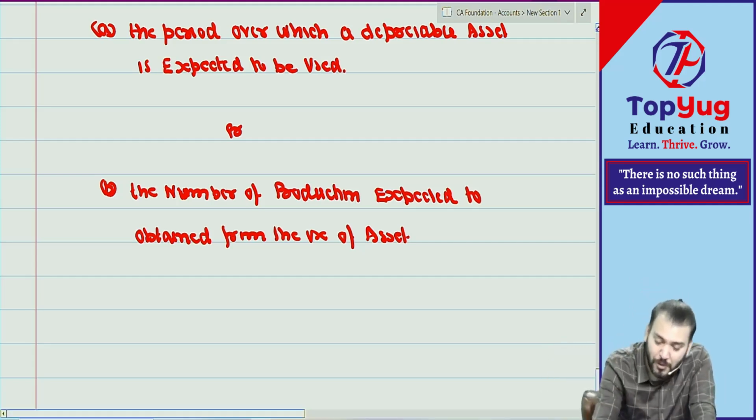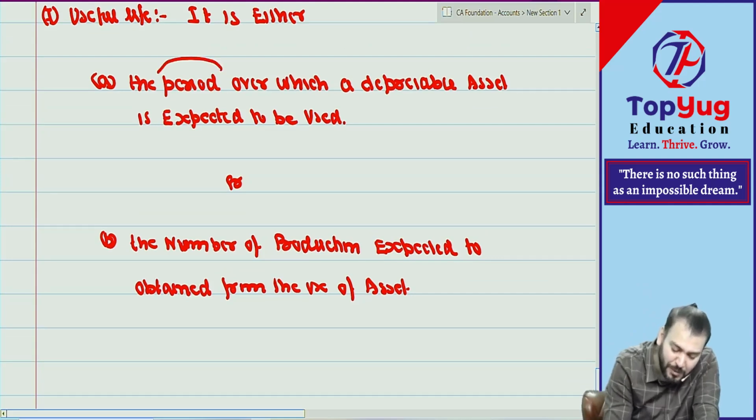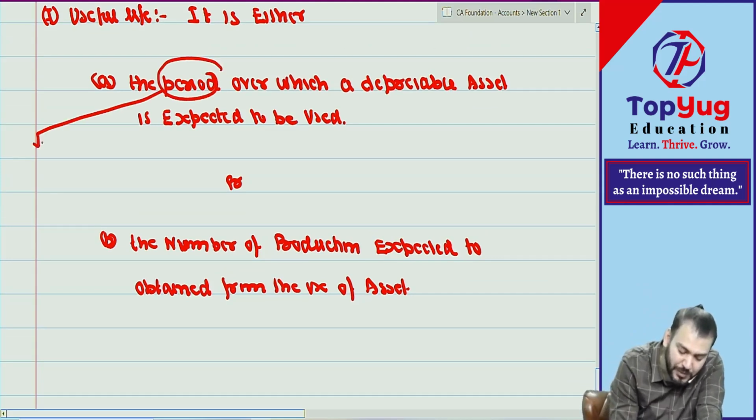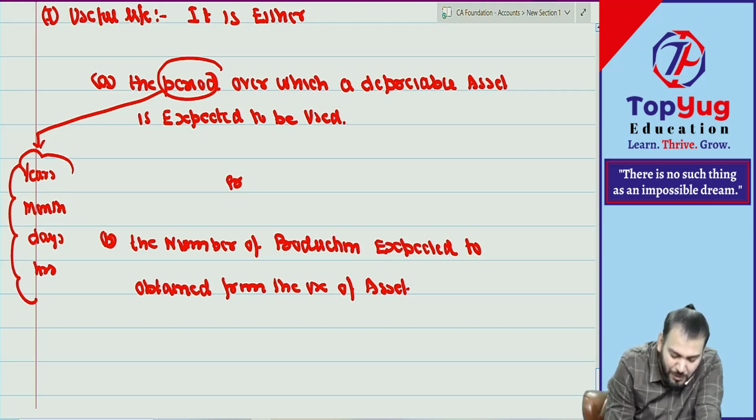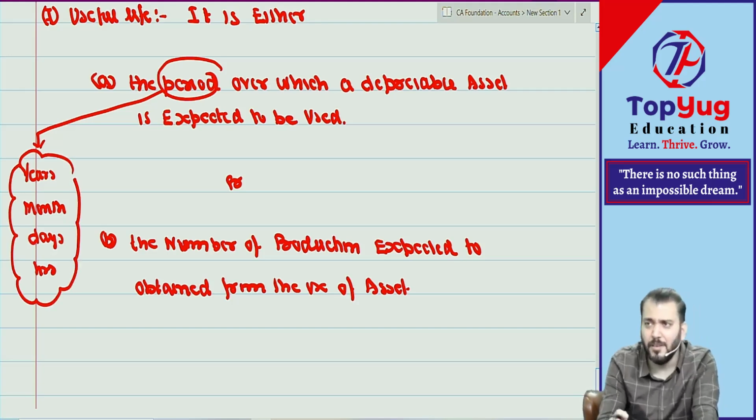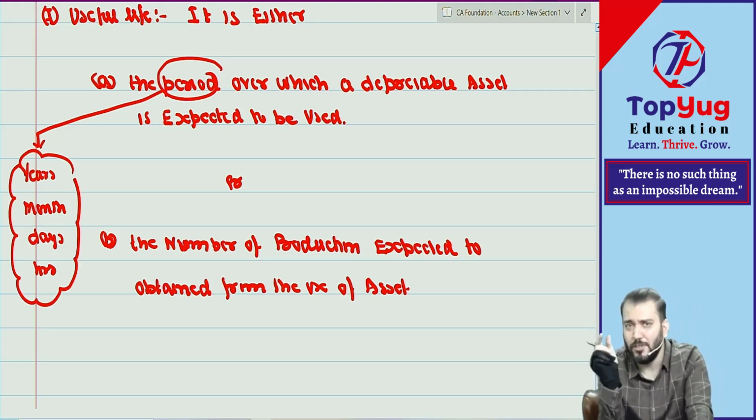When I say number of periods, this period can be in terms of years, months, days, or hours. Are you able to understand? For example, this projector has a lens.